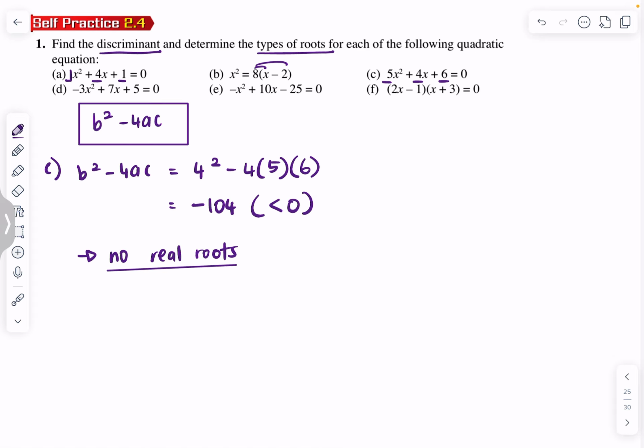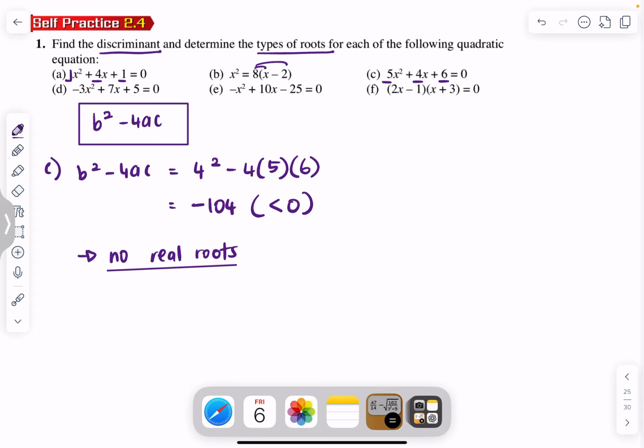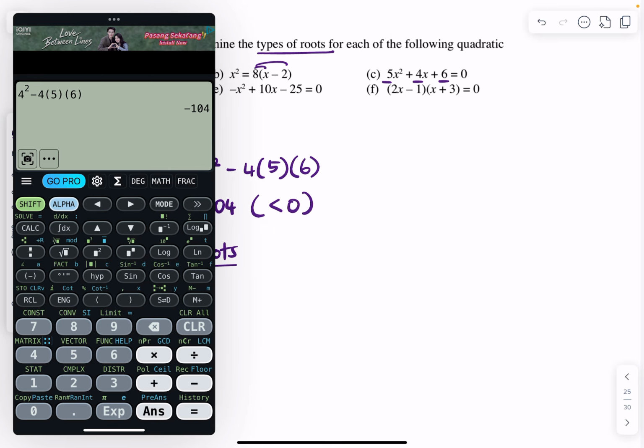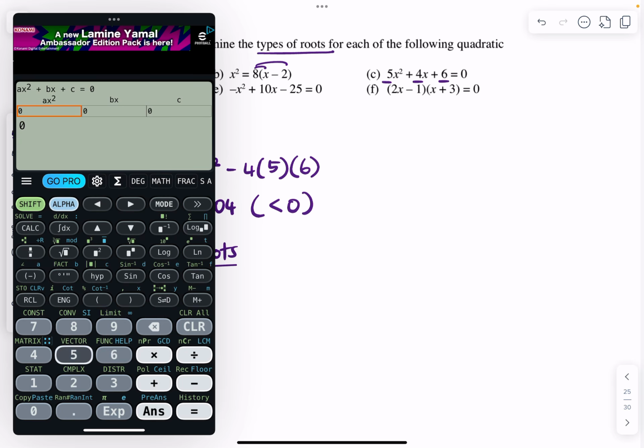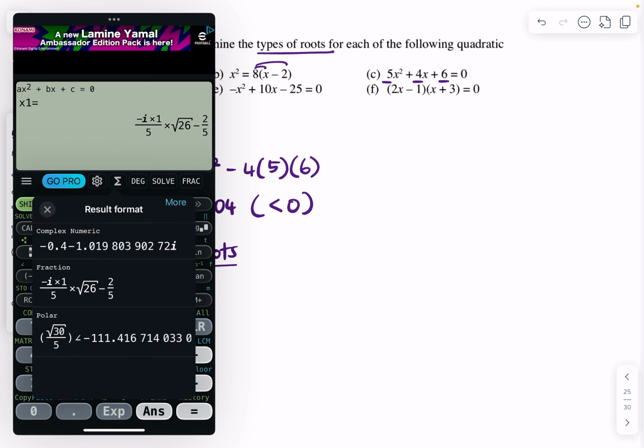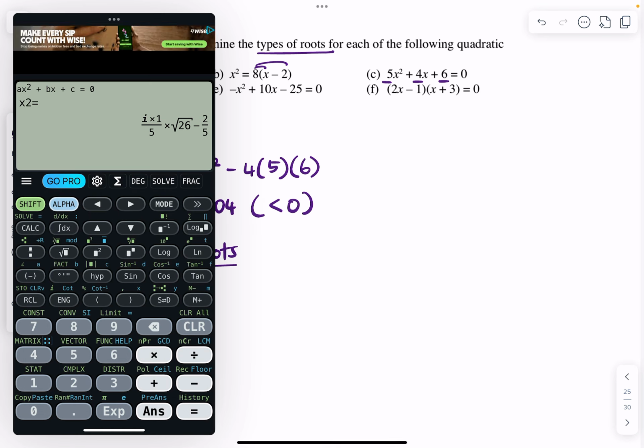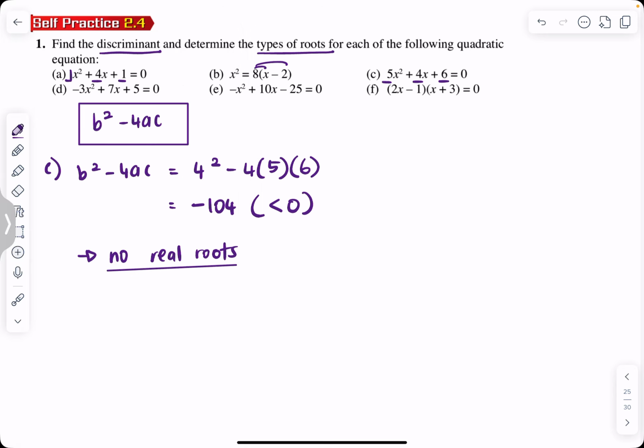Later the imaginary roots part you will learn in college. Okay, done. Or let me just show you. So here when let's say we factorize this, right? 5, 4 and 6. You see this, when we factorize, our roots has square root of -1. When you get negative I and I, the I represents imaginary roots.